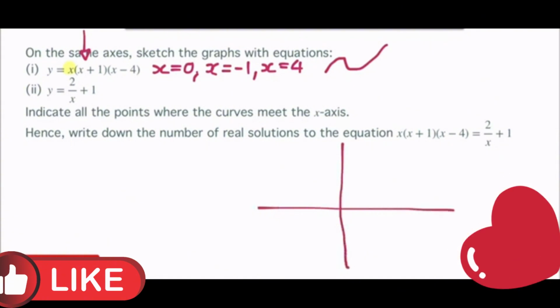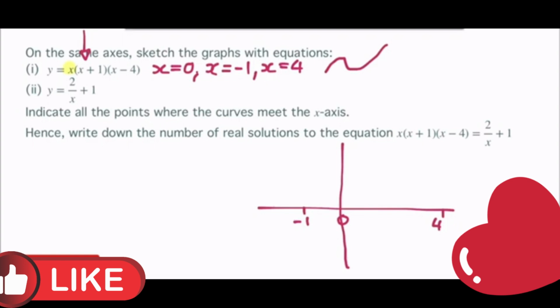And I'm not going to actually draw this graph just yet, but I am going to put these points where I know it's going to cross over. So we have -1 and 4, and remember it is just a sketch, so it doesn't have to be absolutely perfect. It's more about where it crosses over and the shape of the graph that we're getting correct here. So there we go. I know it needs to be around about that big for the moment.